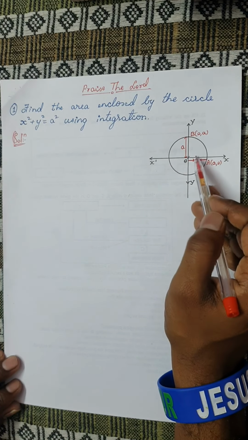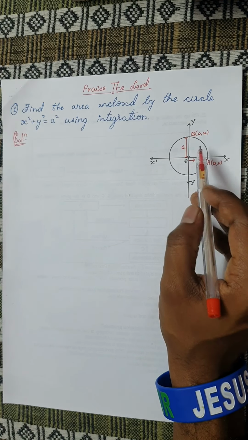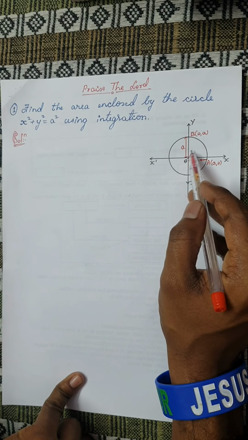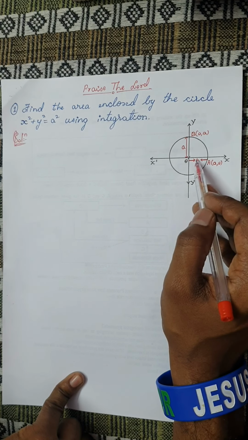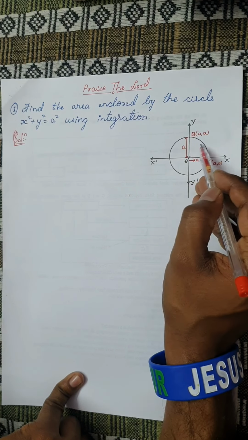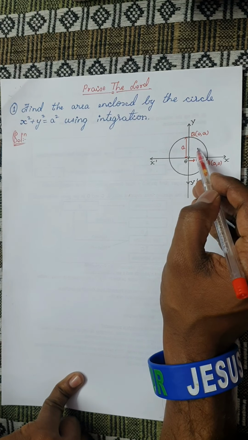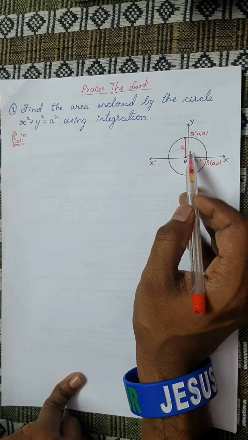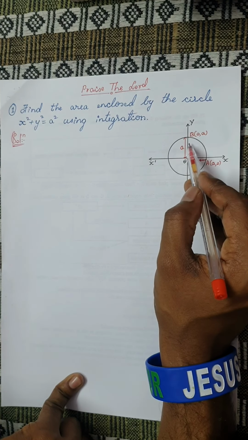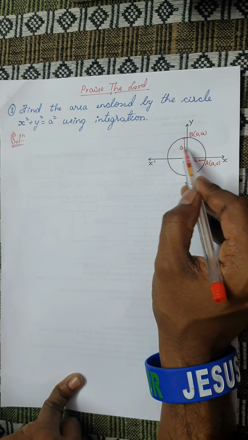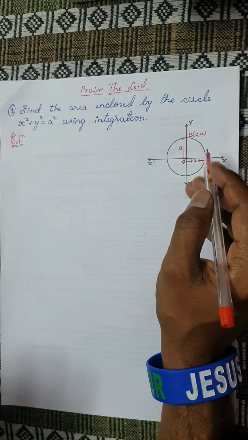I'm going to consider the x-axis. One more important thing is, remember, the circle is symmetrical about the coordinate axes. What do we mean by symmetrical? Whatever the area occupied in the first quadrant is the same as the area occupied in the second quadrant and in all the 4 quadrants. This is the meaning of the equation of the circle, or the curve, being symmetrical about both the axes.